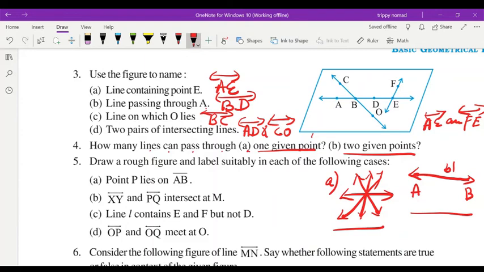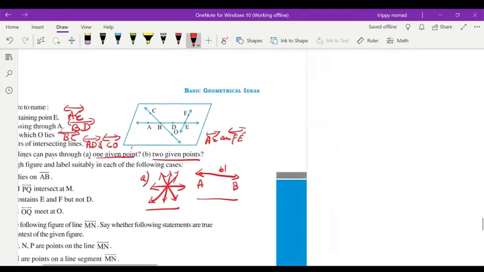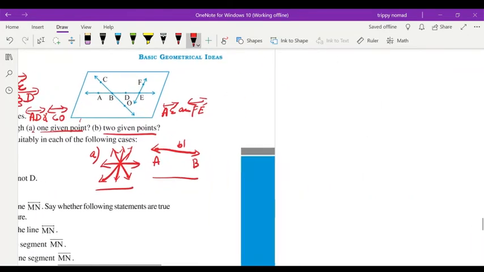Now question number 5. Draw a rough figure and label suitably in each of the following cases. First, point P lies on AB.